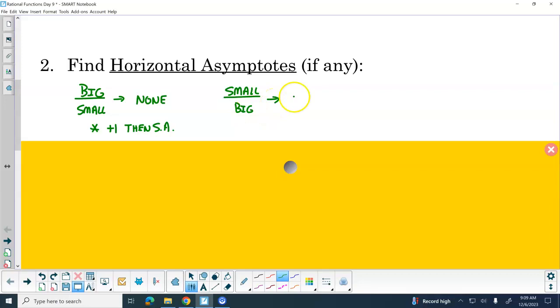So y equals 0? You started with y equals and then went to words. Yeah. Okay. Love it.